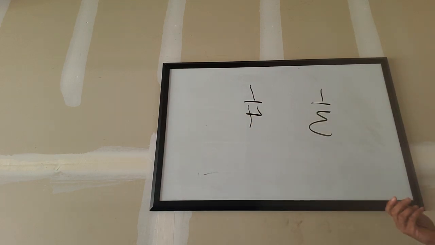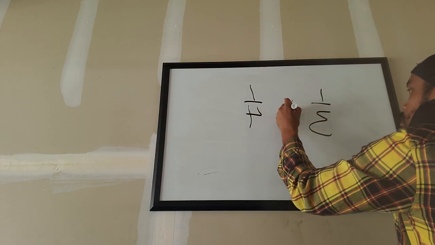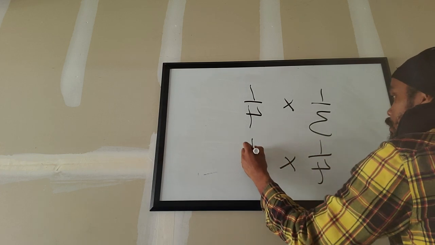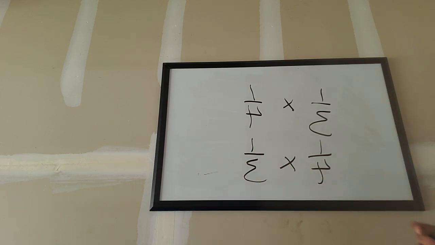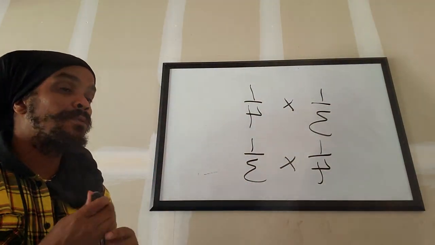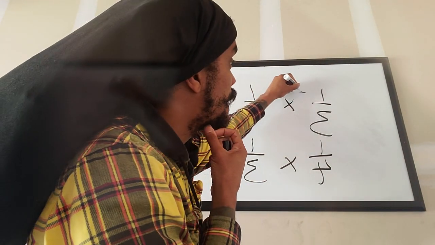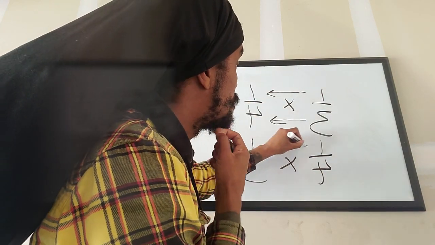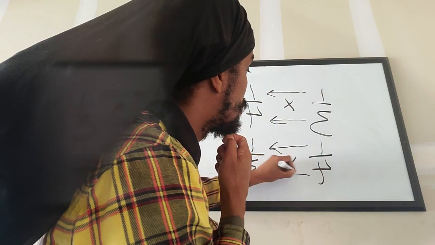And they want to write a multiplication expression representing those. So it could go either way. They could do 1/4 or 1/3, either one. But you want them to recognize that when you're trying to find out the fractions, all you really got to do for multiplication is just multiply straight across.